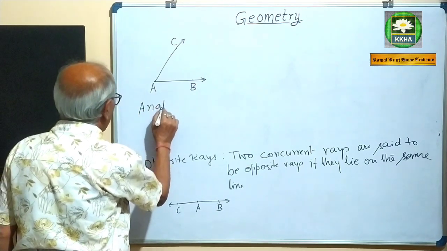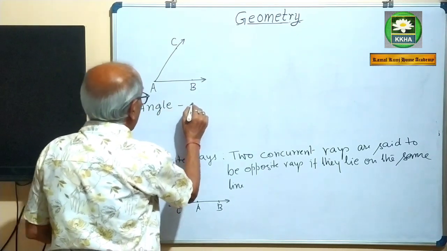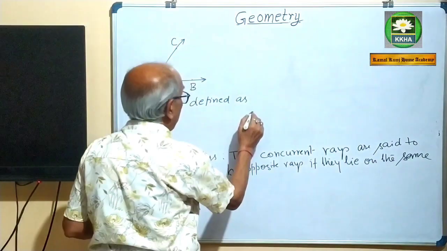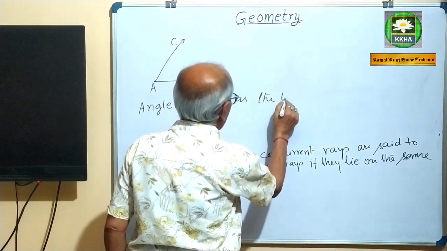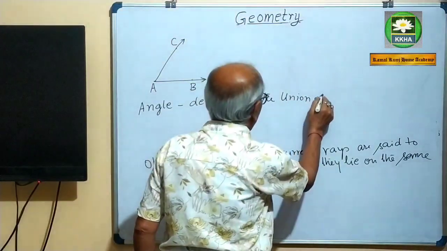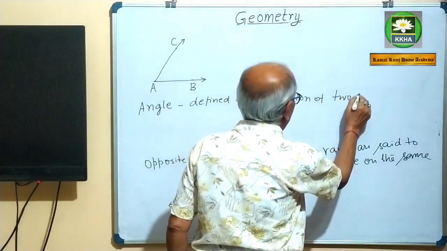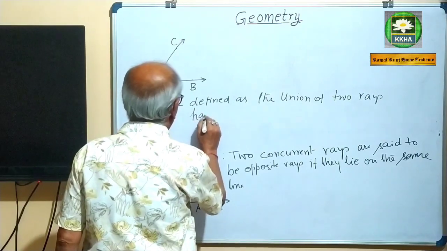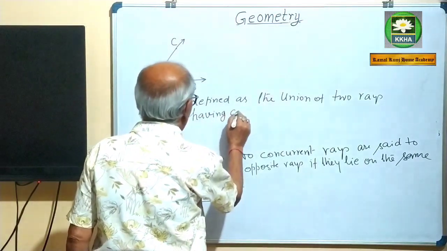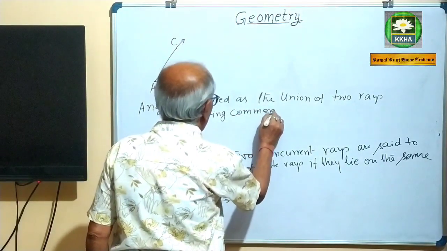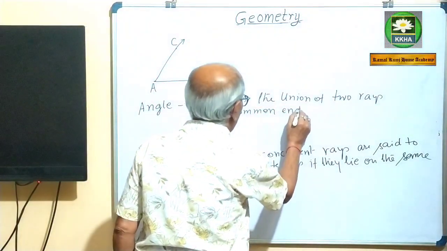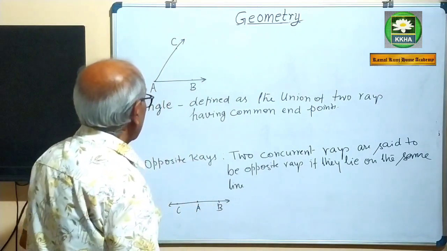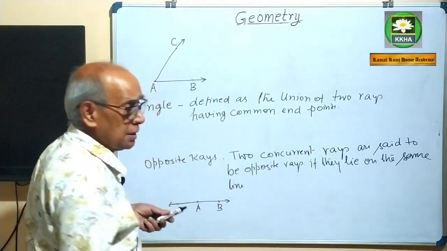An angle is defined as the union of two rays having a common end point.